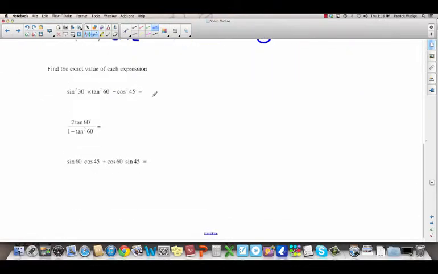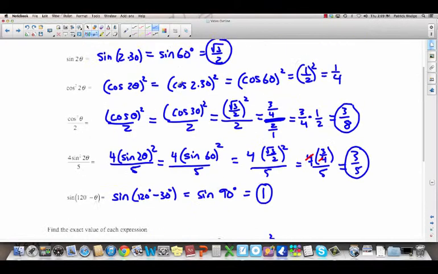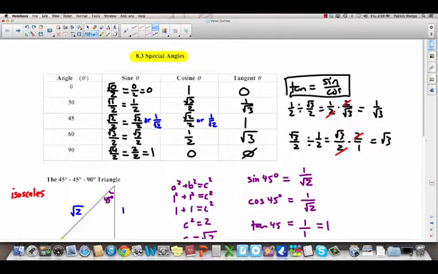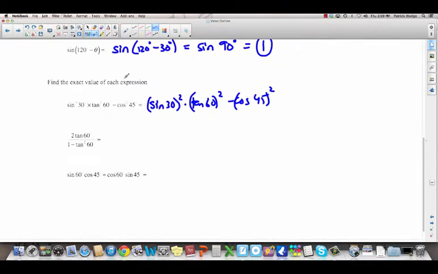Sine squared 30, that means sine 30 all squared times tan 60 all squared minus cos 45 all squared. Okay, so we look up sine 30. Sine 30 is 1/2, so we get 1/2, and then we have to square that, times tan 60.